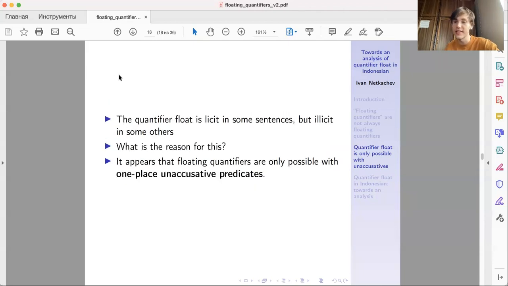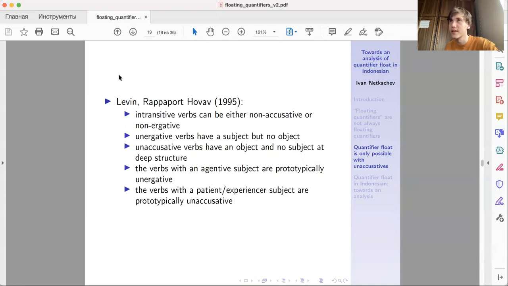Okay, so let us briefly discuss what unaccusative predicates are. Well, intransitive verbs can be either unaccusative or unergative. Unergative verbs have a subject but no object, kind of, informally speaking. Unaccusative verbs, by contrast, have an object but no subject at deep structure.